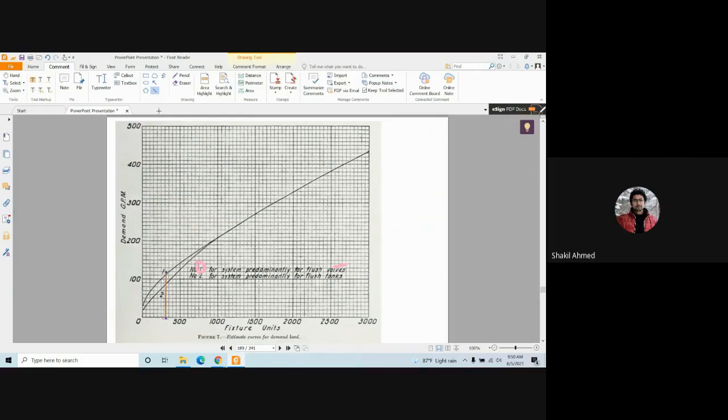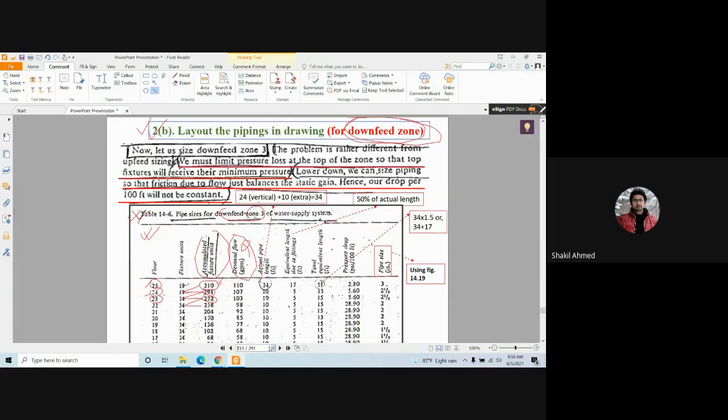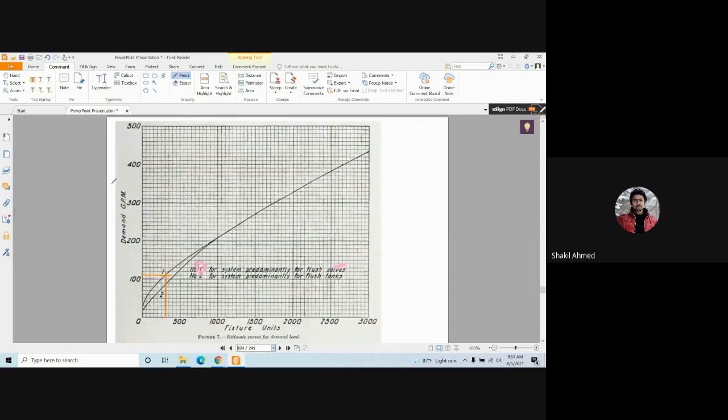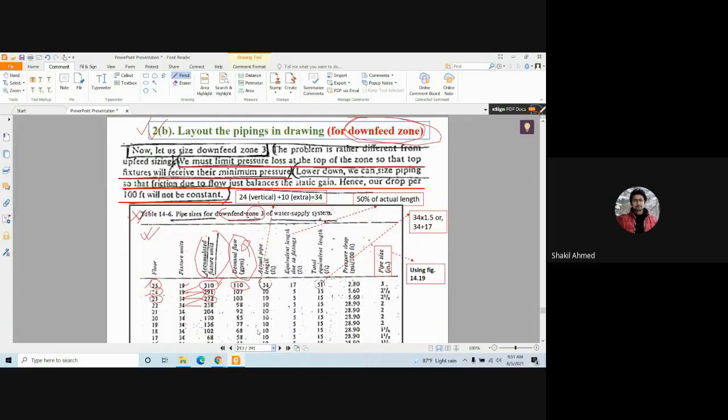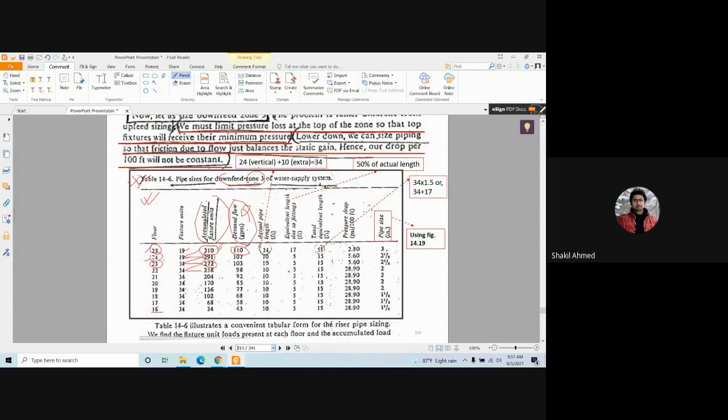And majority is for flash valve, by the way. Majority of them is flash valve. So you'll take flash valve and this is approximately 110. 110 GPM, gallon per minute. These are in gallon per minute. Fine.